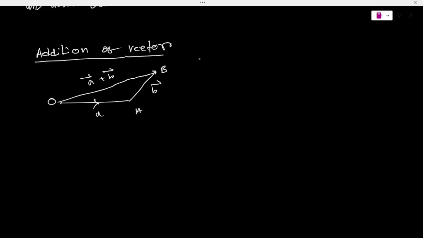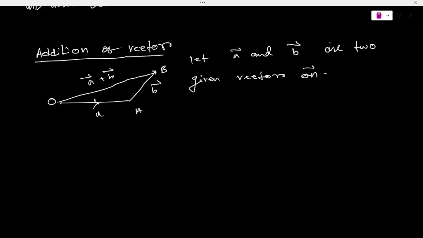So let a vector and b vector be two given vectors. Given vectors, OA is equal to a vector, and AB is equal to b vector.